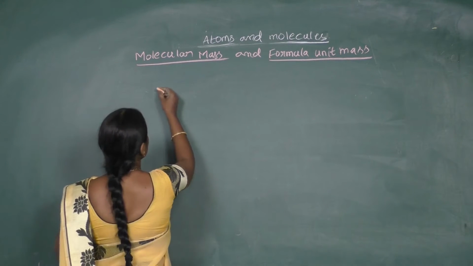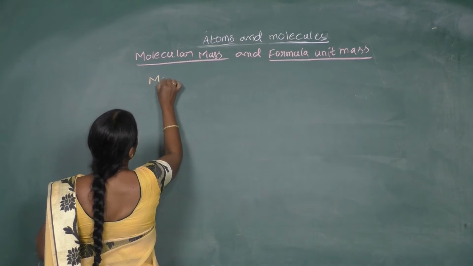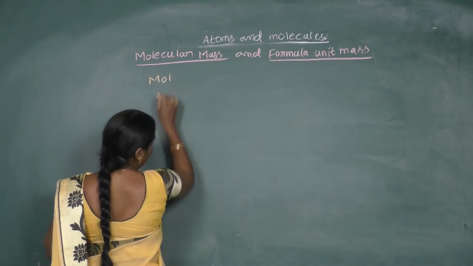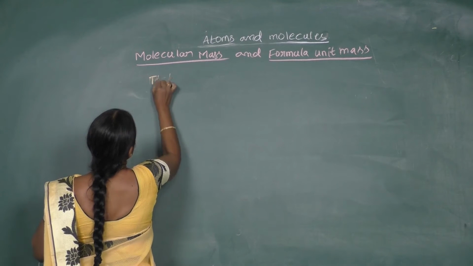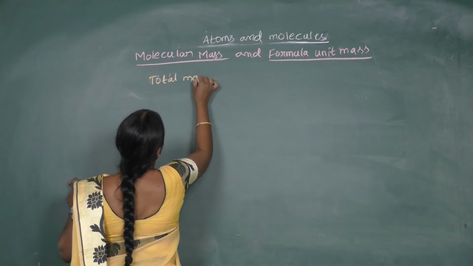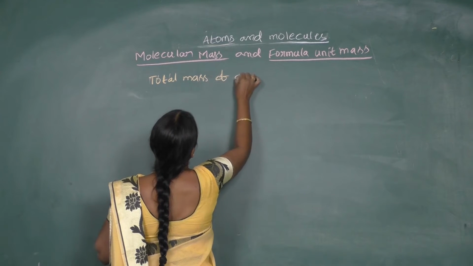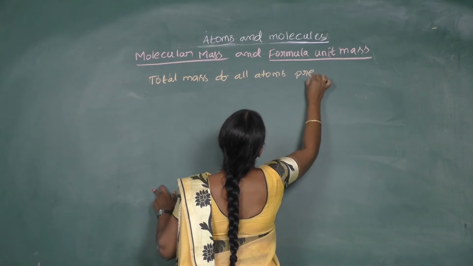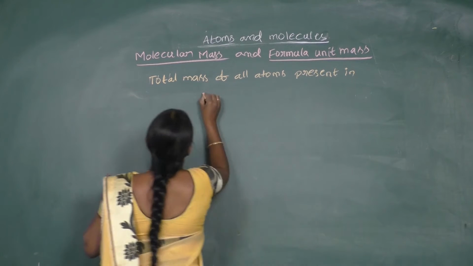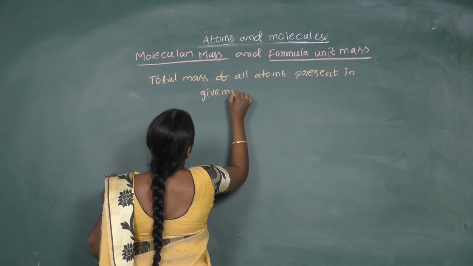But how do we calculate it? Molecular mass is calculated as the total mass of all the atoms present in a given molecule.